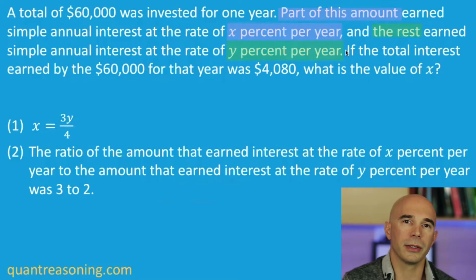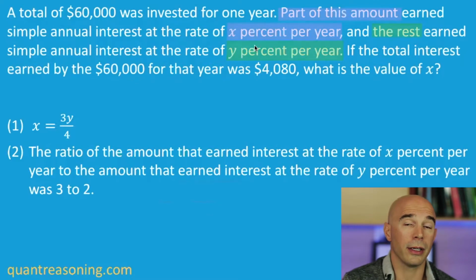That's the only thing we can say at this point. Now hang on, maybe there is one more thing we can say. We should be able to say the following. The interest that will be earned on the total $60,000 has to be somewhere inside the range of X% and Y%.